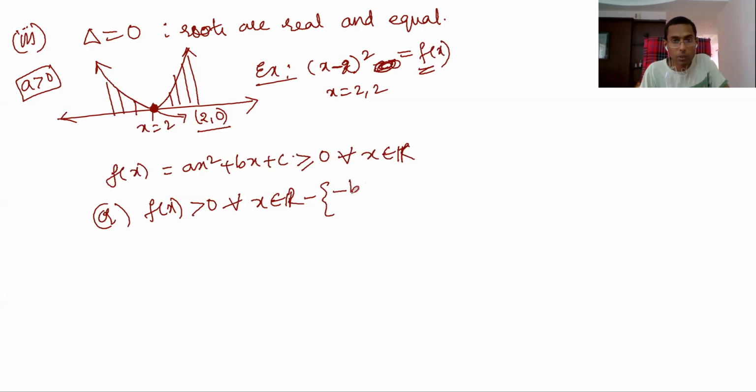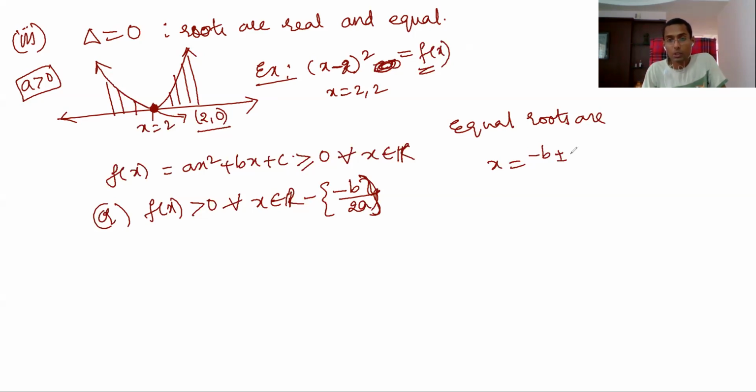Actually, this is minus b by 2a because when roots are equal, what are the roots? I explained the equal roots concept. X equal to minus b plus or minus square root of D, where D is 0 here, by 2a. That means minus b by 2a plus 0 and minus b by 2a minus 0.